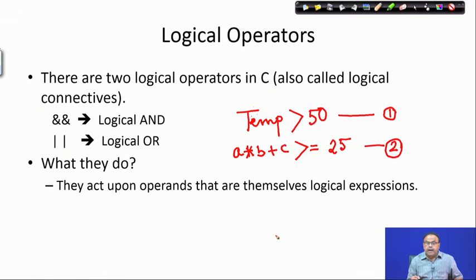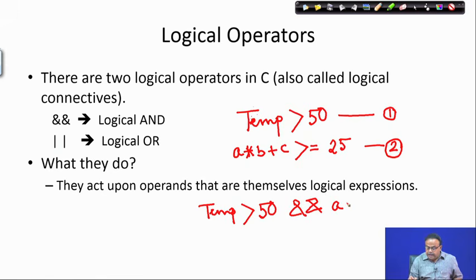Now, I can connect these two together and write another expression like: temperature greater than 50 and A times B plus C is greater than or equal to 25.